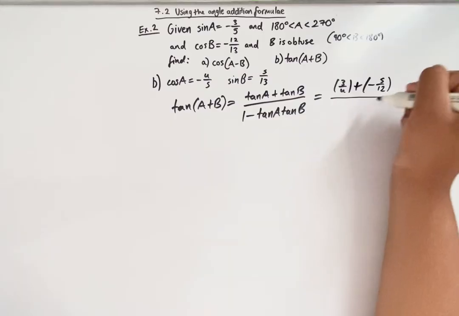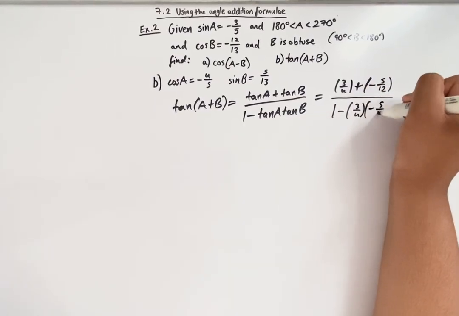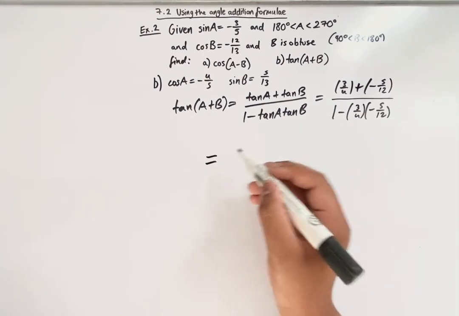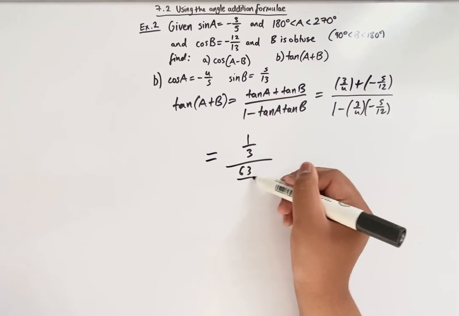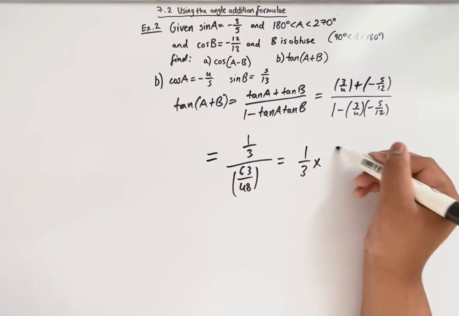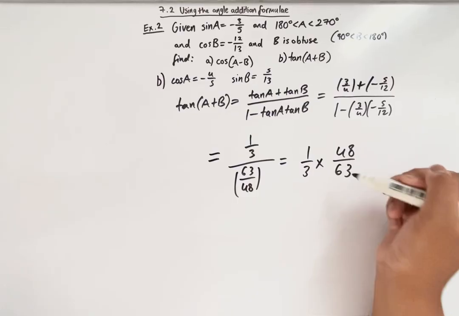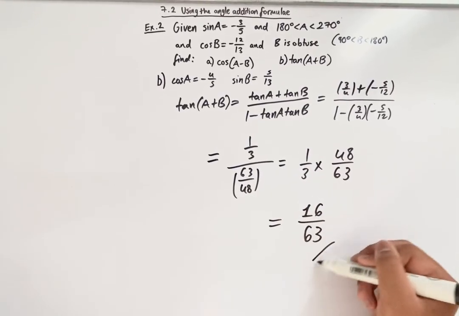This is going to be all over 1 minus 3 over 4 multiplied by minus 5 over 12, which is a third over 63 over 48, which is the same as a third multiplied by 48 over 63, which gives us 16 over 63. And that is it.